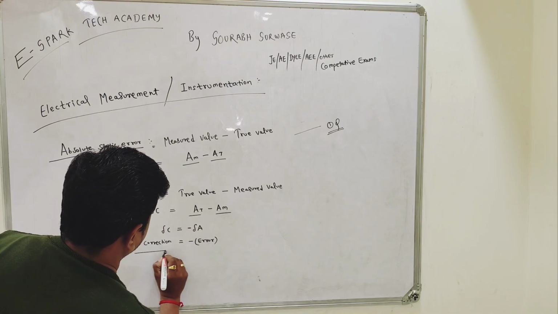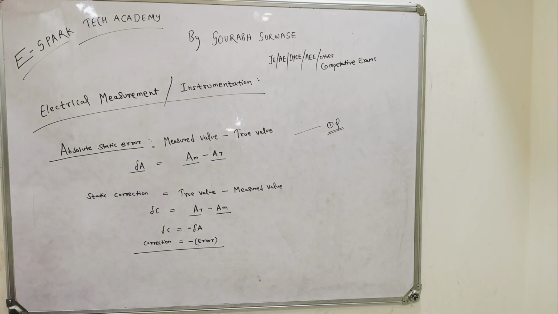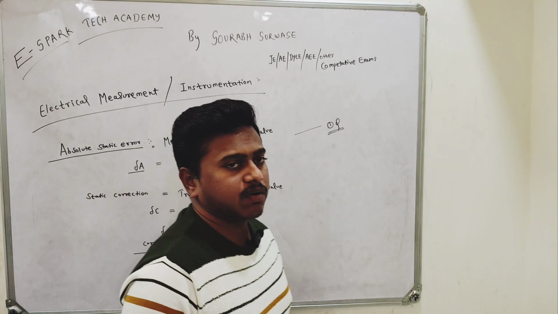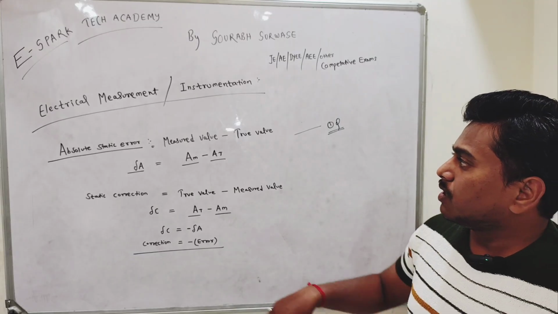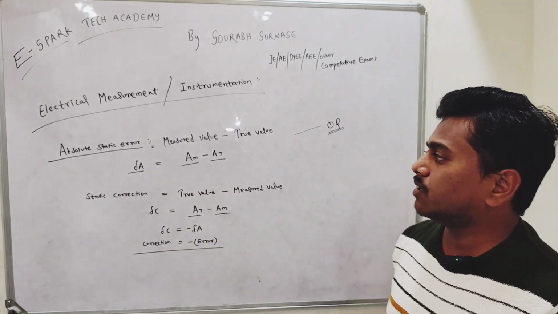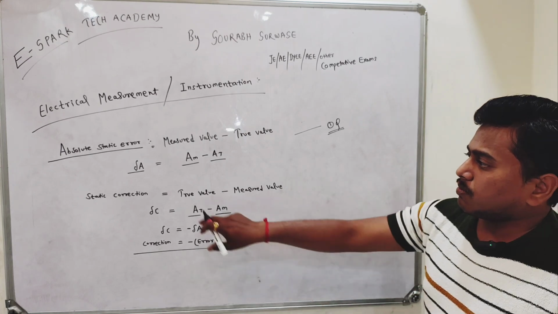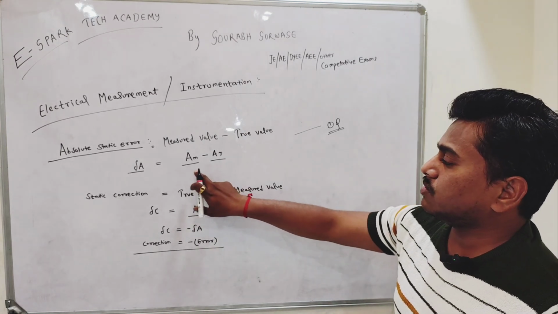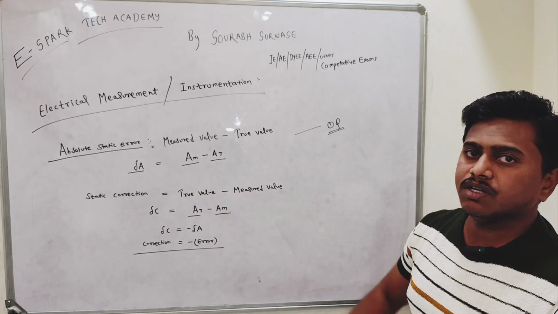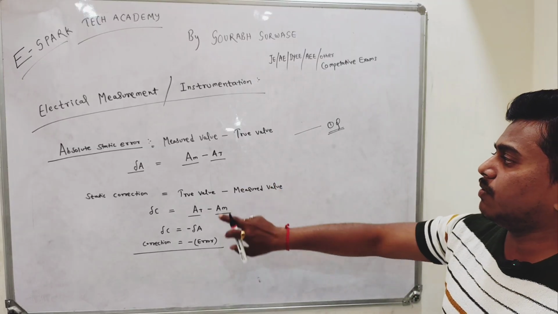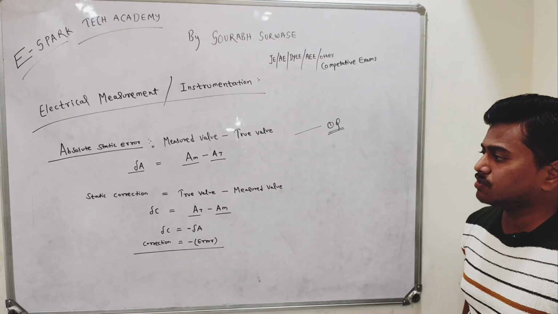You can say this is a very important concept, because mostly in exams they will ask you to calculate static error, or you can also say absolute error, measured value minus true value. The formula is very simple. They have given you the measured value of that instrument and the true value, and accordingly you have to calculate this.